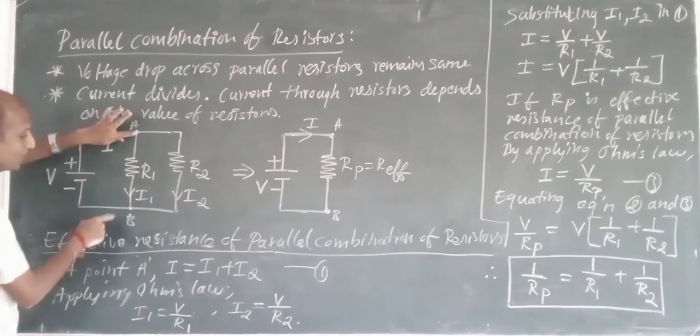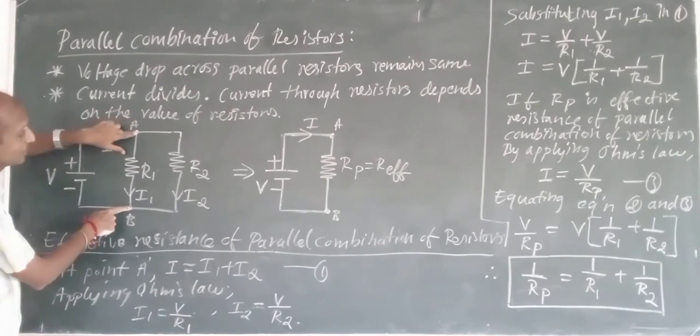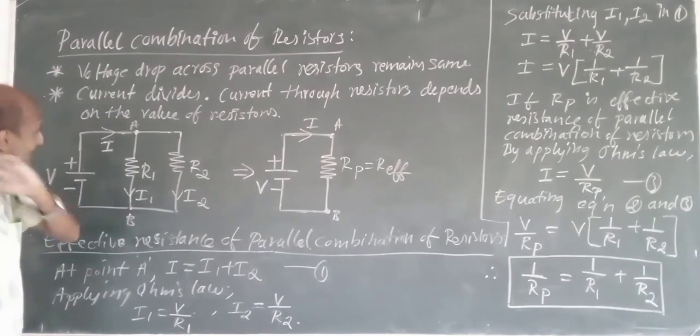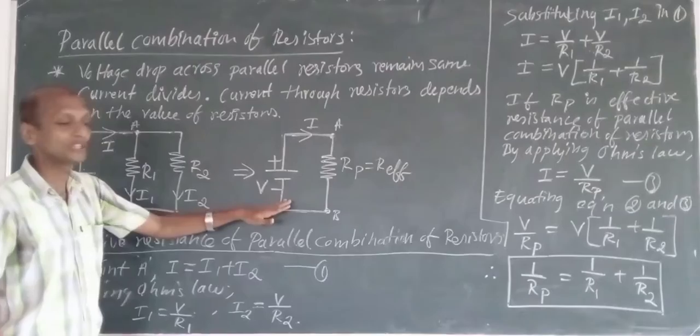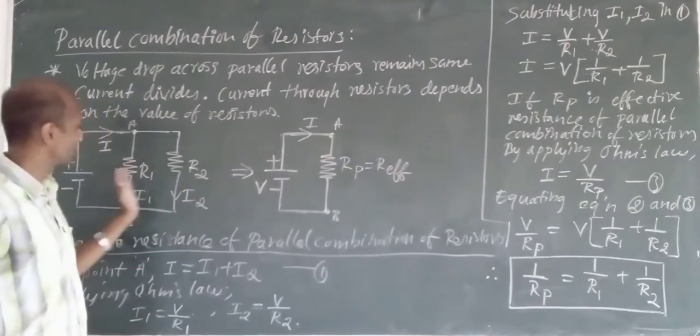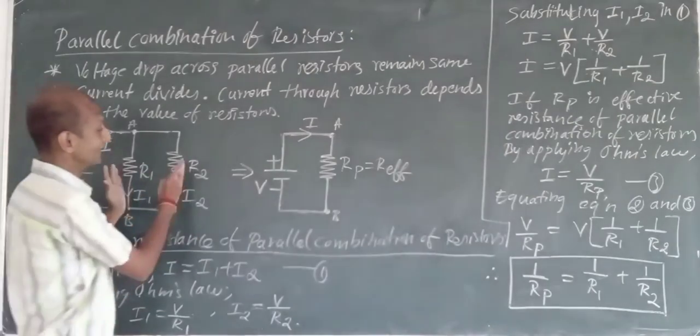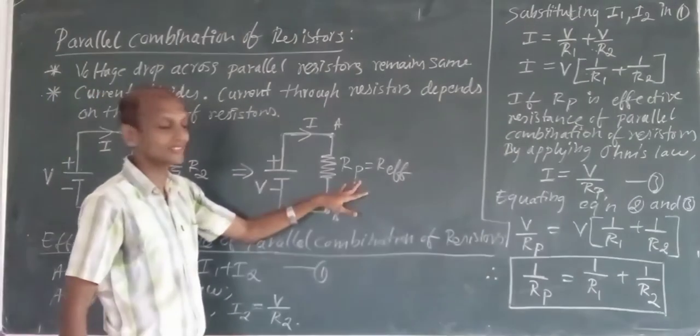Here I can make out the parallel combination of resistances. This point I can call point A, and this point B. Its equivalent circuit will be the same as this. Instead of R1 and R2, I have an equivalent resistance or parallel resistance RP.